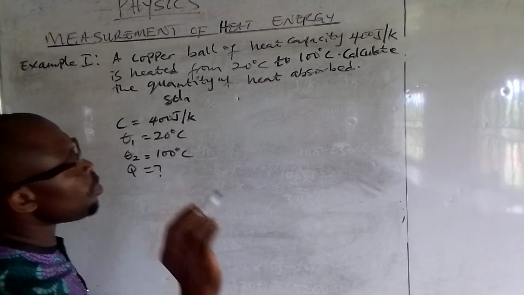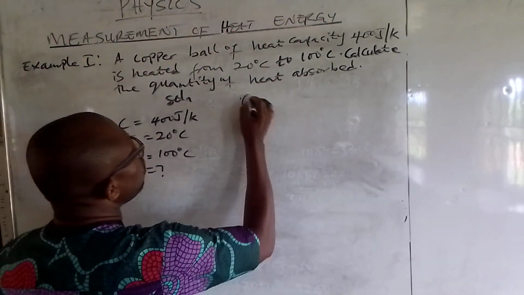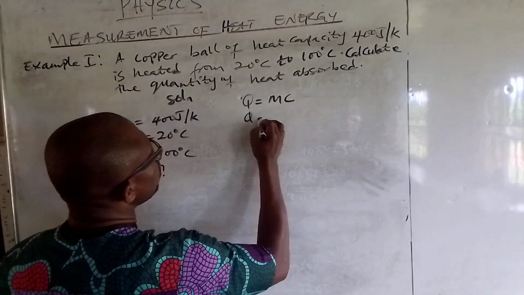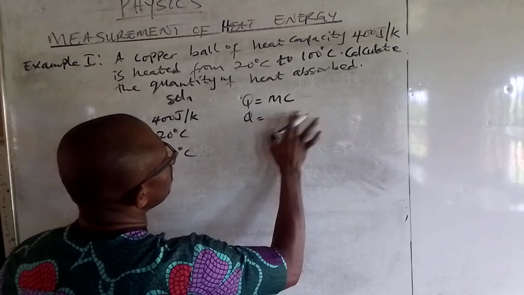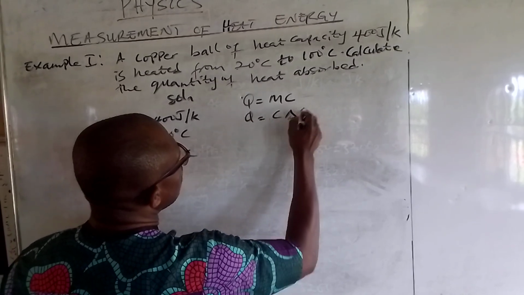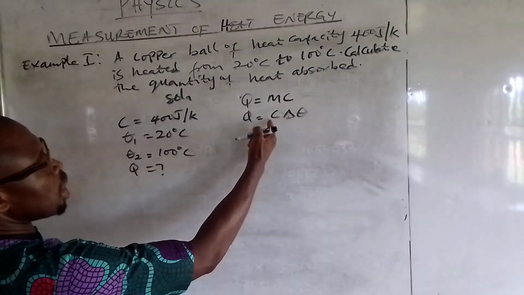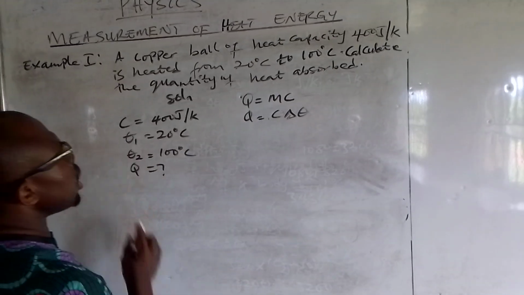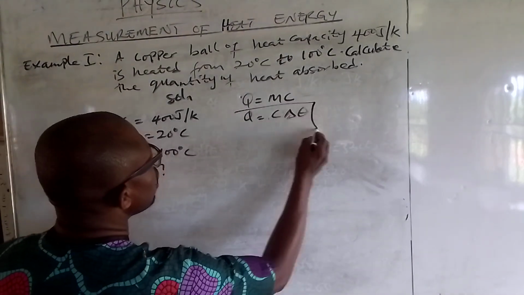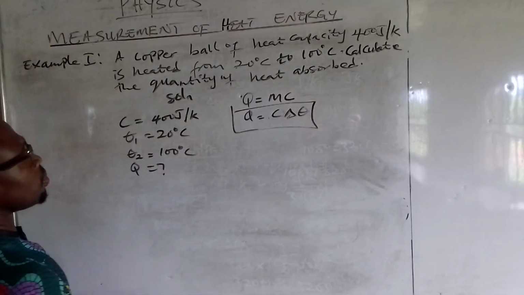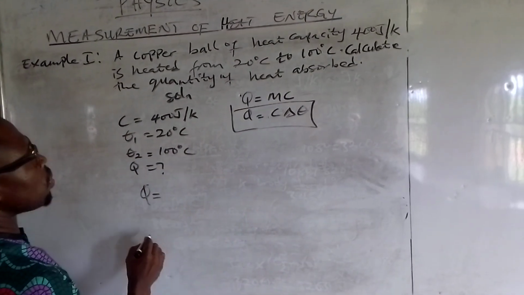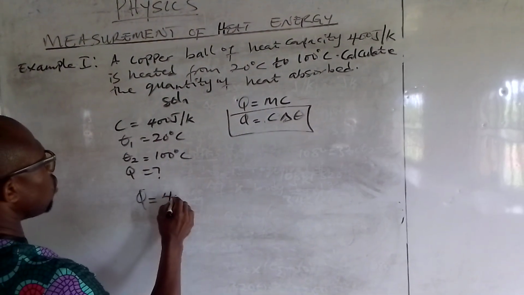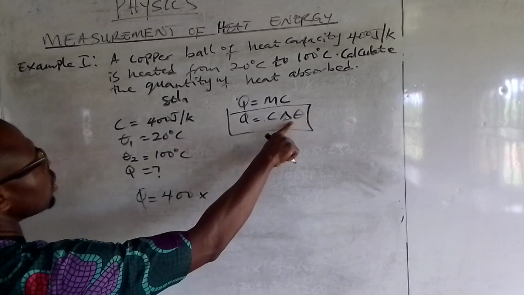Now, from the two formulas we have, Q is mc and Q is C delta theta. Of course, it is the second formula that can suit this problem. So because of that, we use this. Q is equal to C, in place of C, we have 400 times the temperature change.